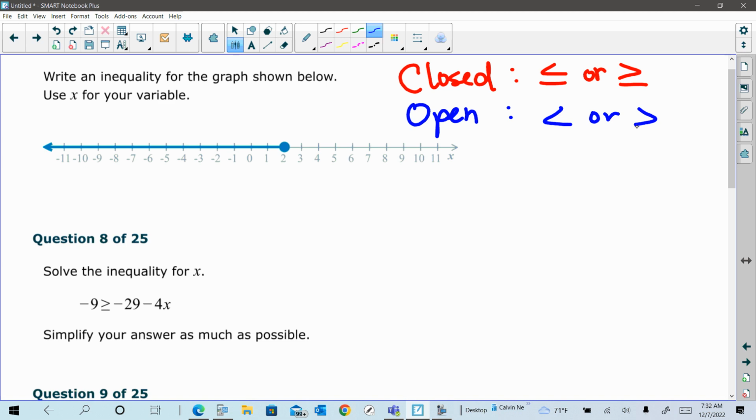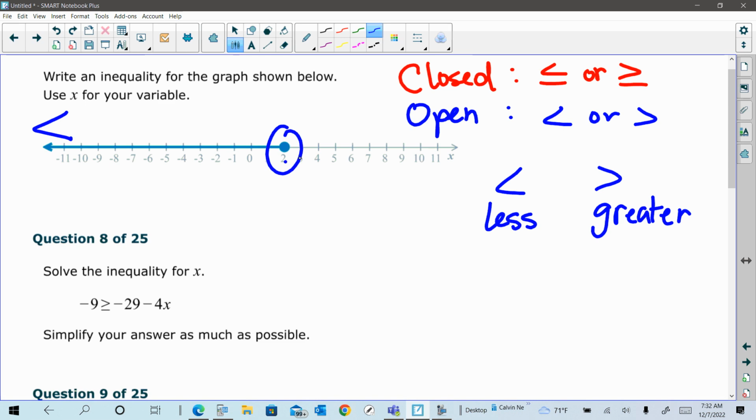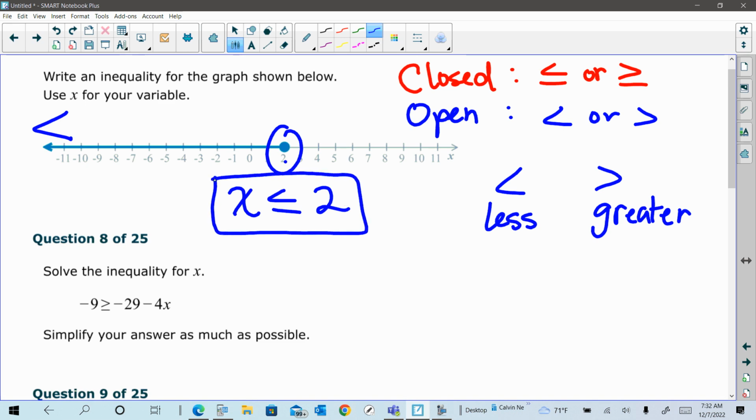So just understand your symbols should go in the same direction as your arrow. Okay, if you're not sure, this one is your less, this one is your greater. This arrow is pointing like that to the left, so I would be using this symbol, less than. It is closed at 2, so we would just write x is less than or equal to 2. And that would be our inequality for the graph.